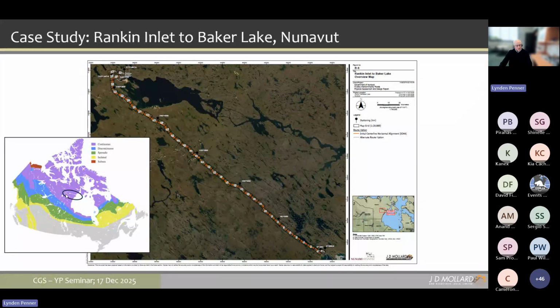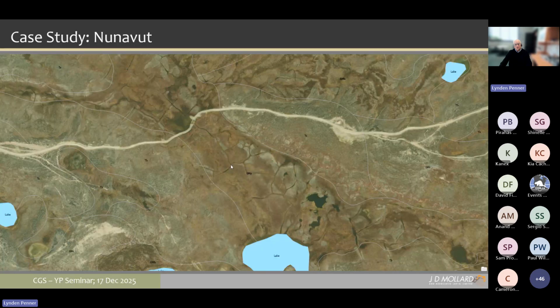The other case study that I wanted to just share with you quickly is looking at a road route from Rankin Inlet to Baker Lake. So here we're in the continuous permafrost region, and some of the permafrost features we see in that area. We have the ice wedge polygons, quite large scale polygons.